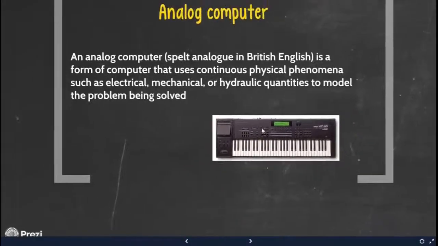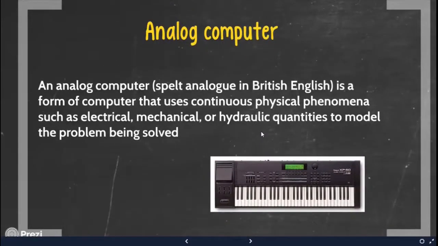Let's read the description of what an analog computer is. An analog computer, spelled analogue in British English, is a form of computer that uses continuous physical phenomena such as electrical, mechanical, and hydraulic quantities to model a problem being solved.